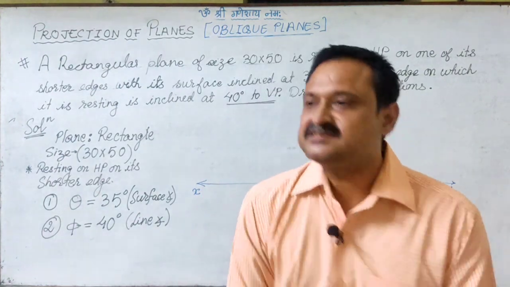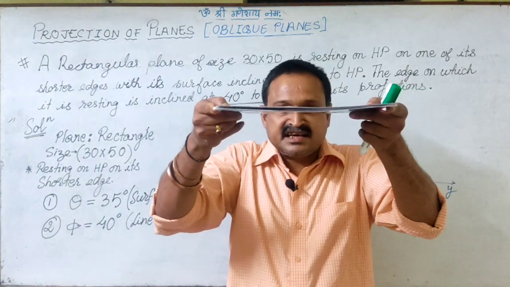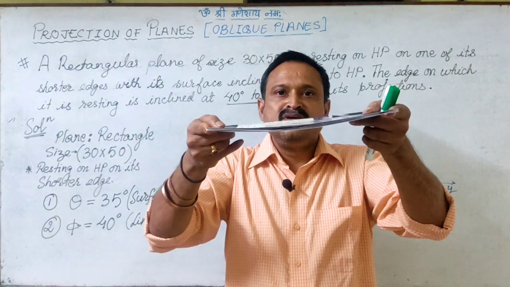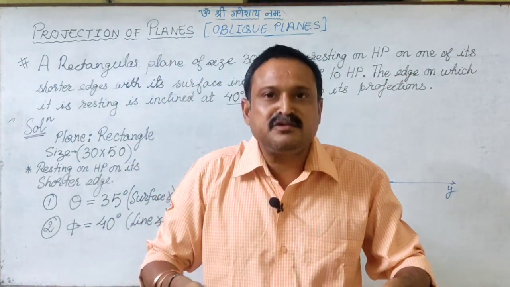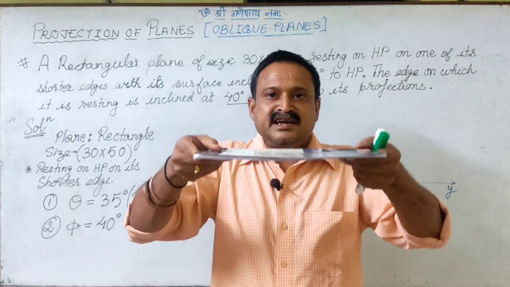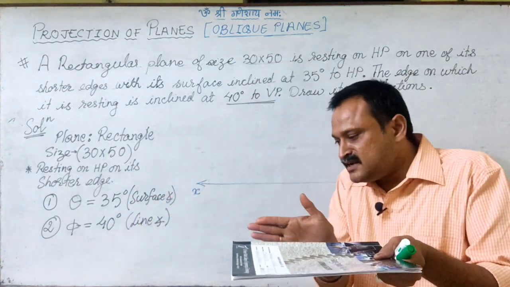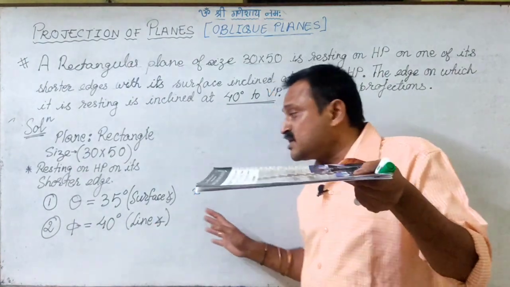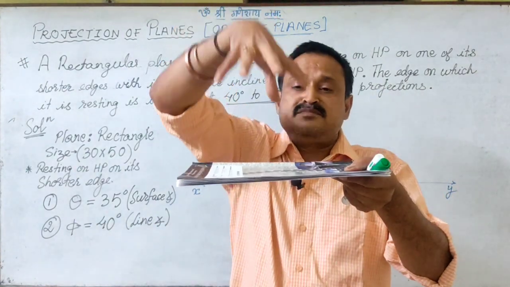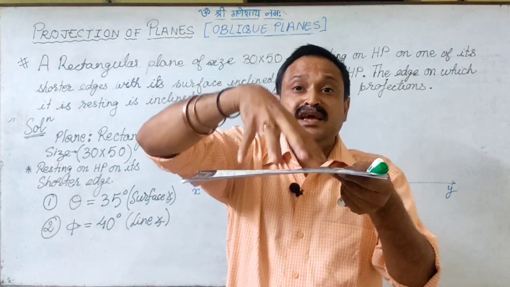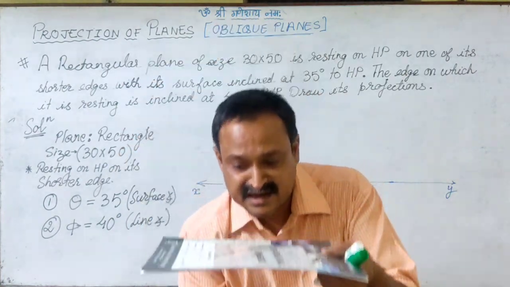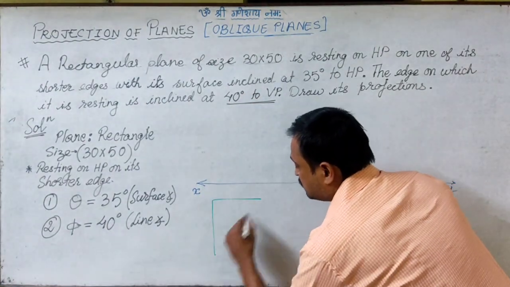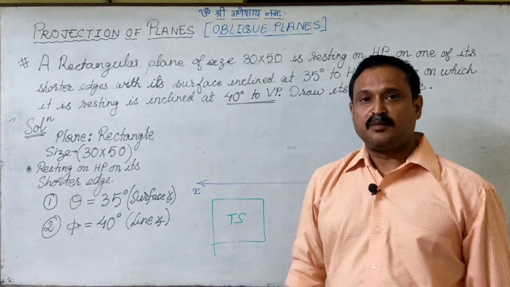So if I want to see the trace in the front view, first I'll have to make the plane parallel to HP, right? The moment I make the plane parallel to HP, the front view will definitely give me the trace. So in the drawing, how can I ensure that? I am ensuring that by drawing the true shape in the top view. So we will be drawing the true shape in the top view.